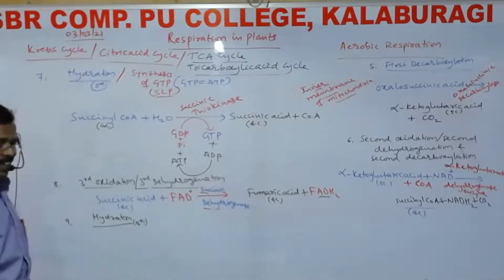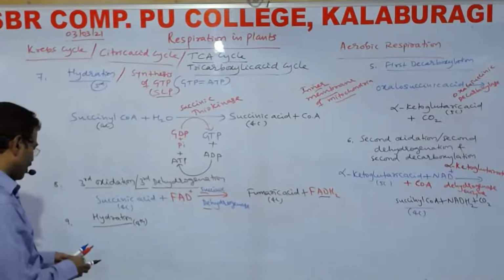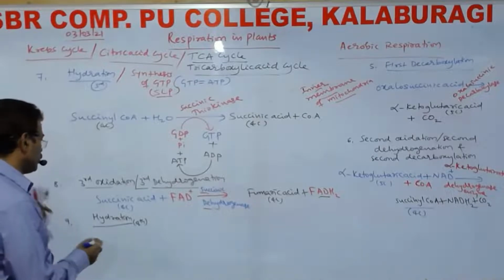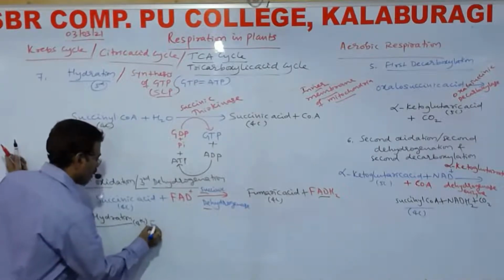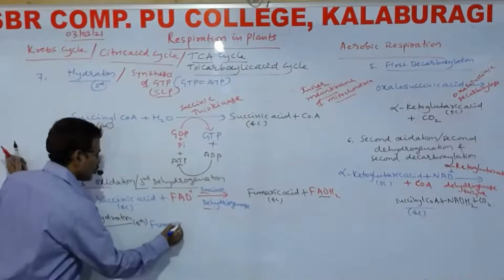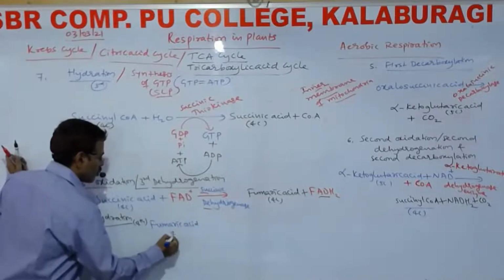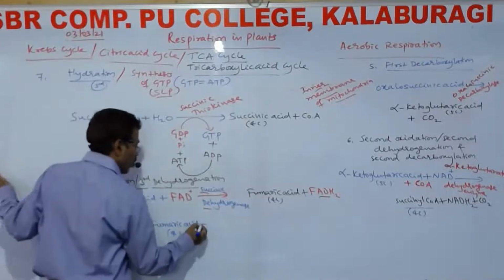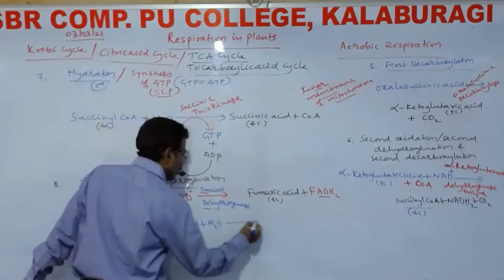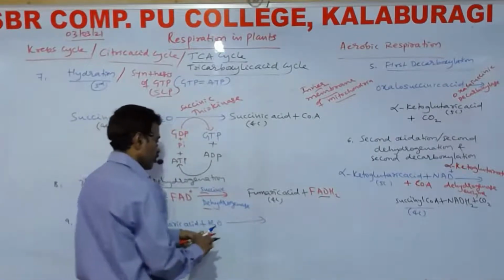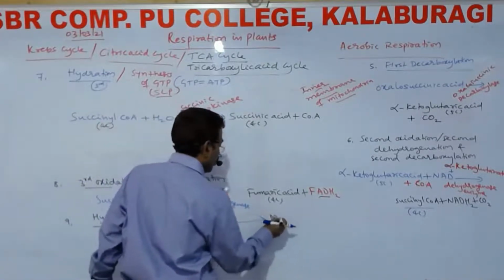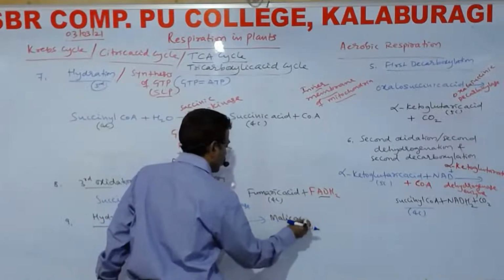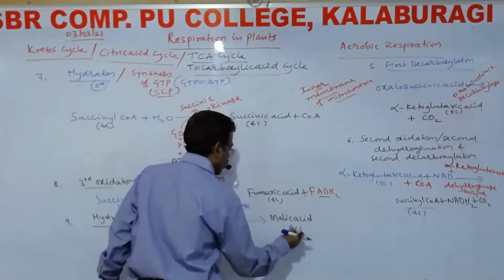So this is the fourth hydration. In the fourth hydration, fumaric acid, a 4 carbon organic acid, on hydration is converted into malic acid, a 4 carbon compound.